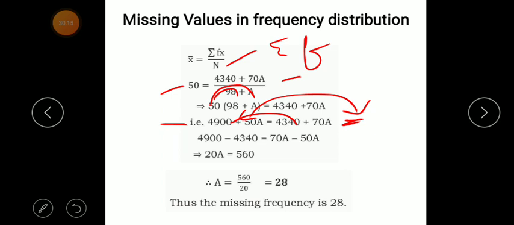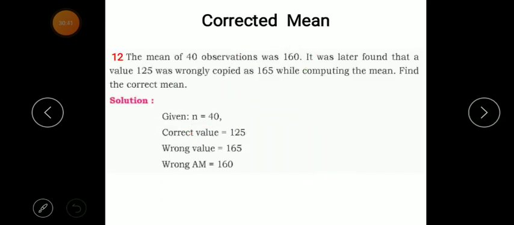So here it becomes 20a, and here it becomes 560. So 20a equal to 560. So you have to find the value of a: a is equal to 560 divided by 20, which is 28. Thus the missing frequency you will get is 28. This is how you have to calculate missing frequencies.